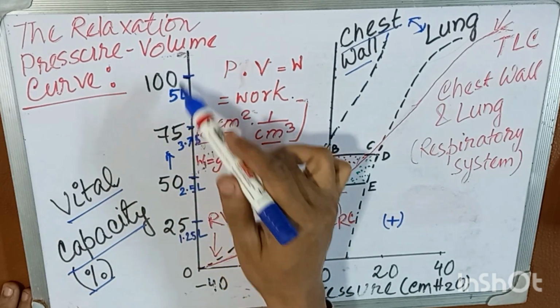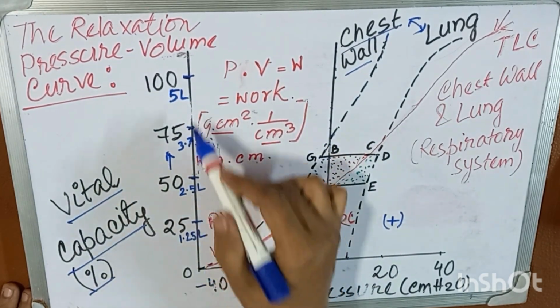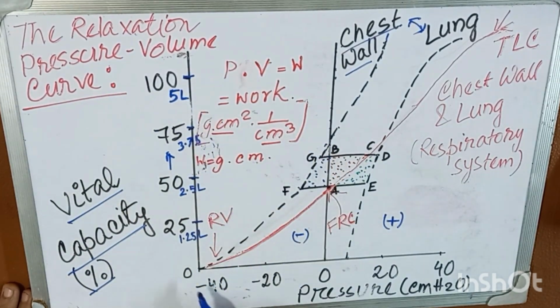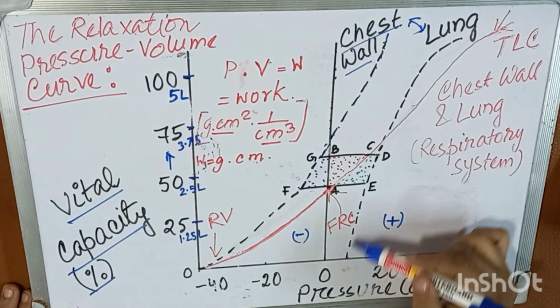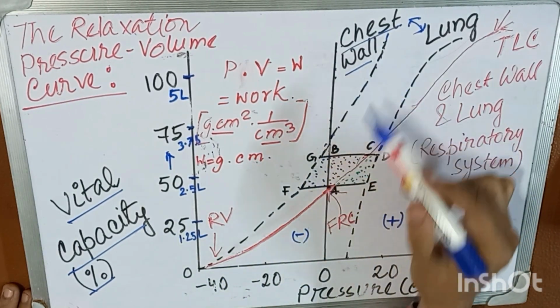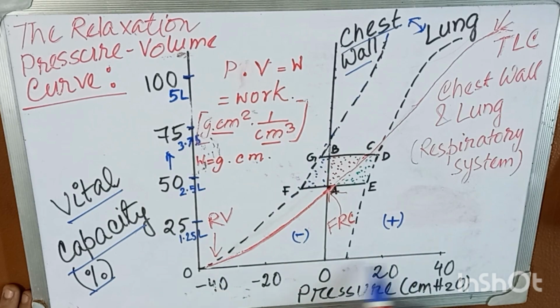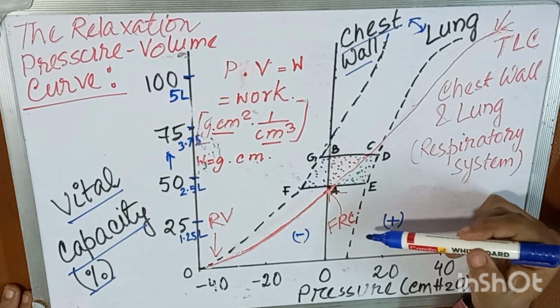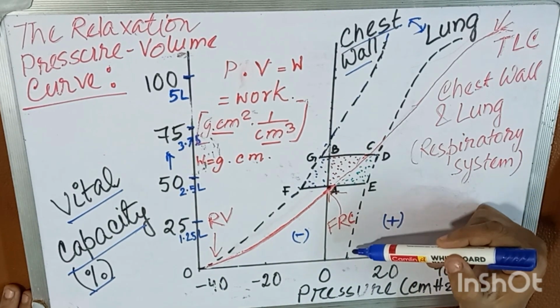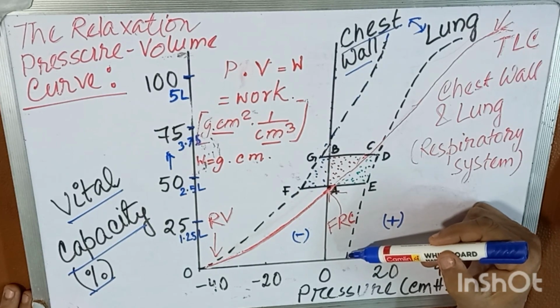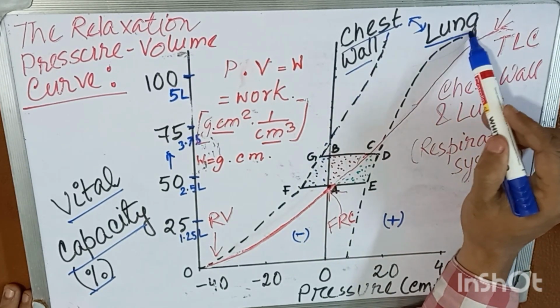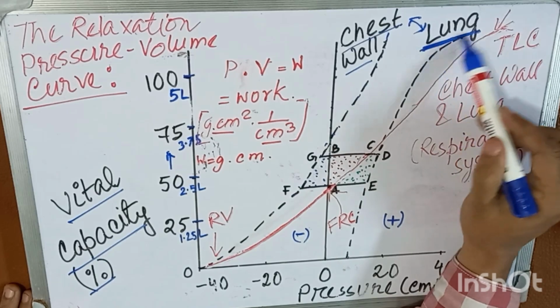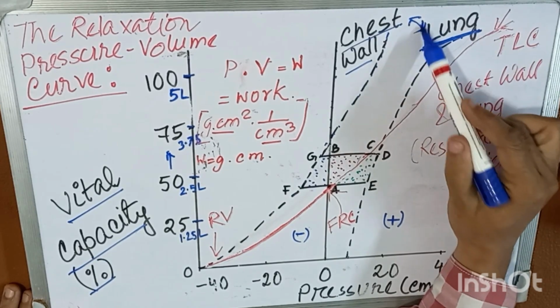The lung expansion is drawn on the y-axis, and the pressure under which the lung and the chest wall expand is on the x-axis. Now, here the lung means the isolated lung.